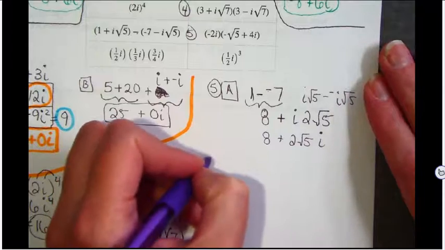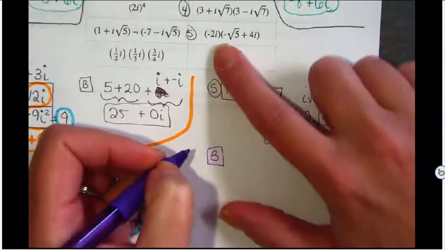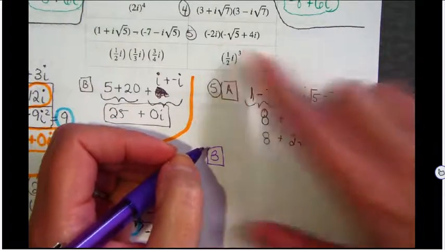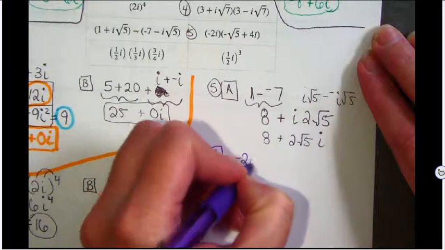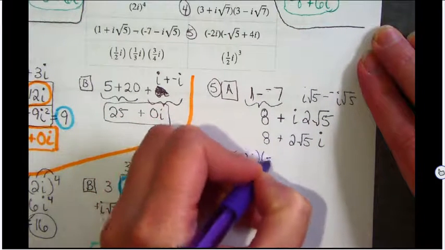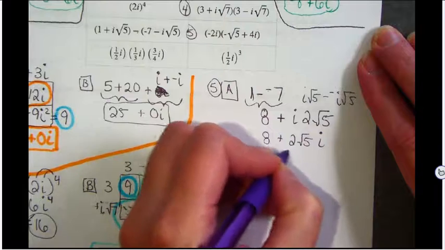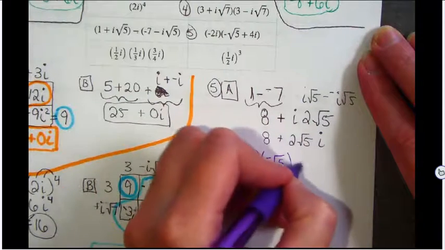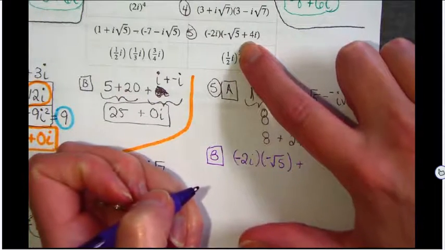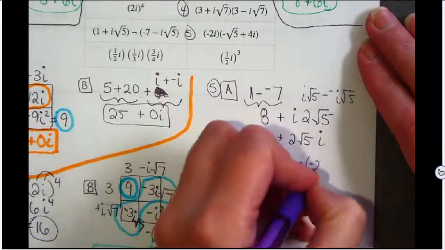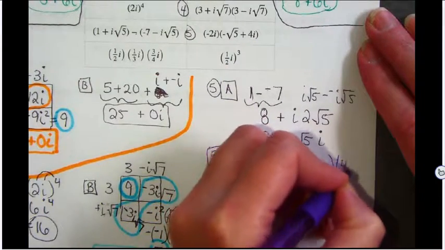Now part B, partner B, has multiplication going on. So they're multiplying negative 2i times negative square root 5. And then they're adding, because there's addition right here, negative 2i times a 4i.